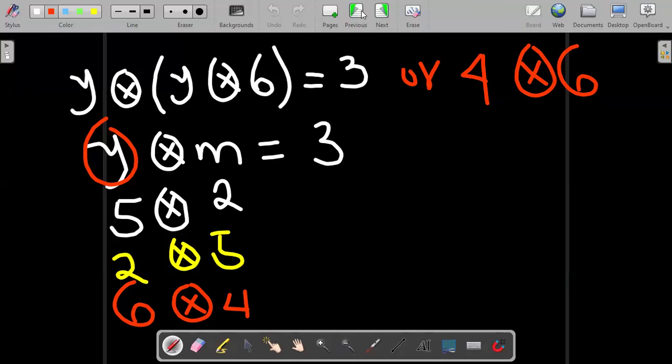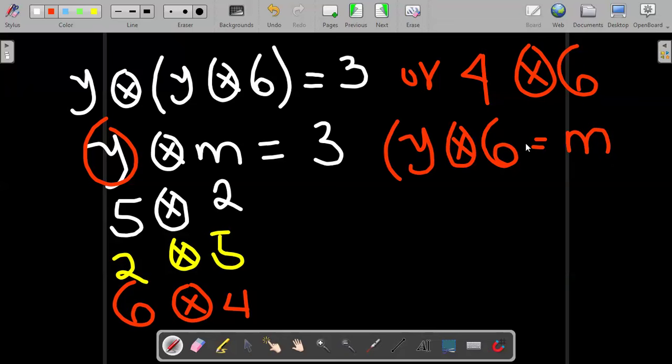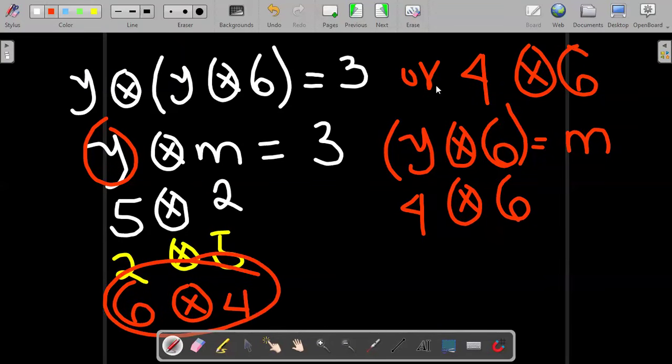So if you compare the two now, remember we said y multiplied by 6 is m. So if you compare now, here can be 4 operation 6, like this one now. What does that make our y?